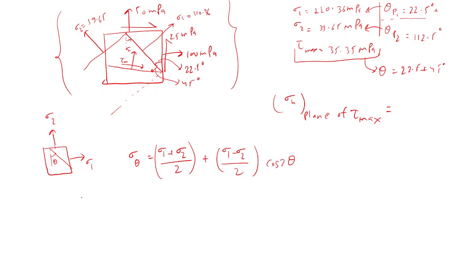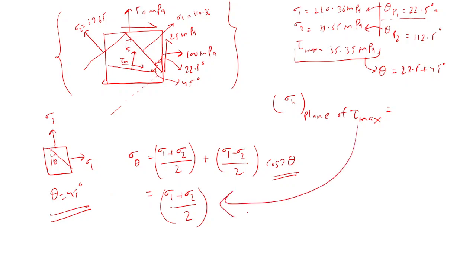So theta would be 45 degree. Here we will put theta as 45. When theta is 45, what will come? Only sigma 1 plus sigma 2 by 2, right? So this would be the answer for this.